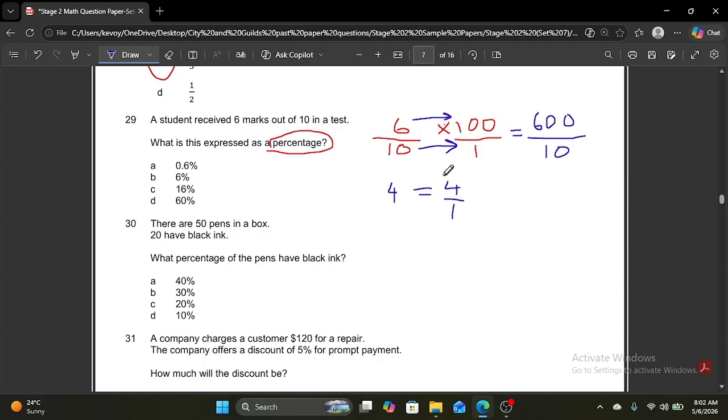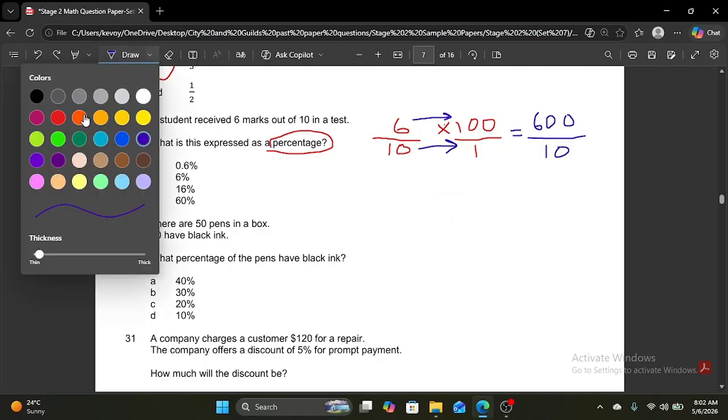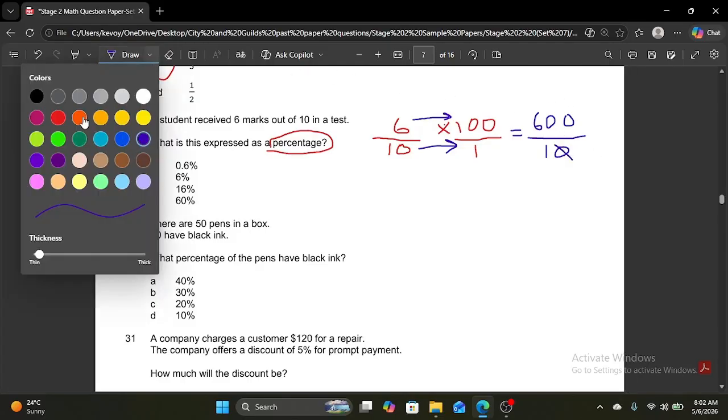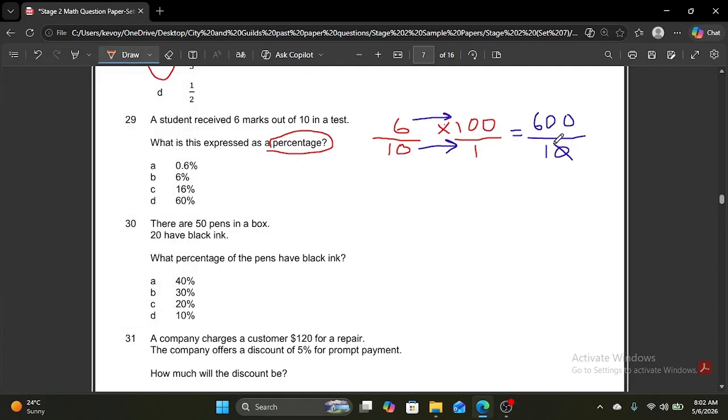Because of that, whenever you're dividing by a base 10 number, you can just cancel a 0 from the bottom and a 0 from the top. And we'll be left with 60 over 1, which is the same as just 60%. So we're left with 60%.